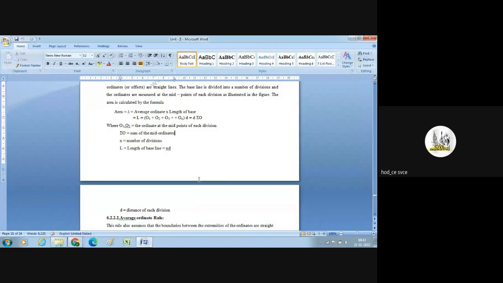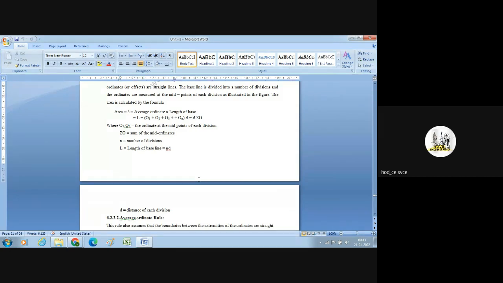Mid ordinate rule. What we are doing is, this method uses the assumption of the boundaries between the extreme ordinates of the successive points, successive divisions. So that means here we have a baseline.